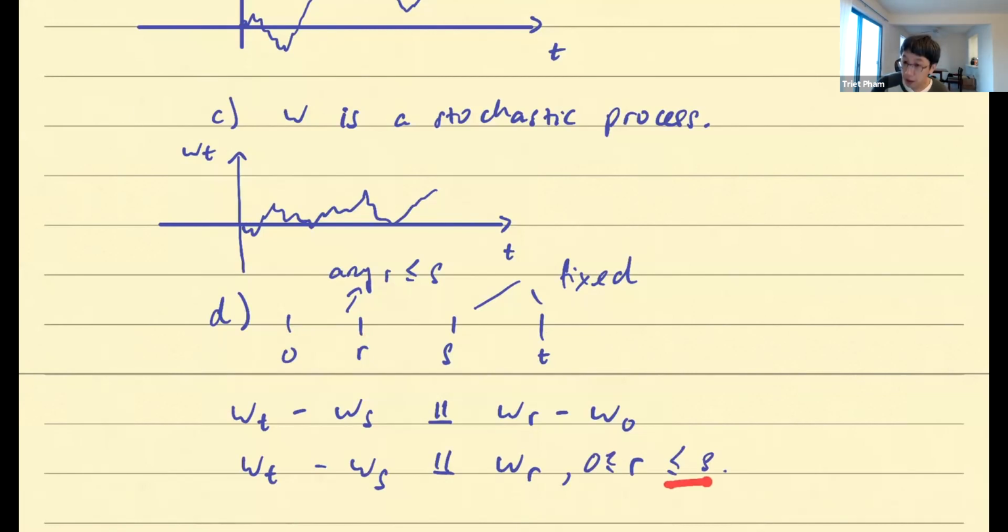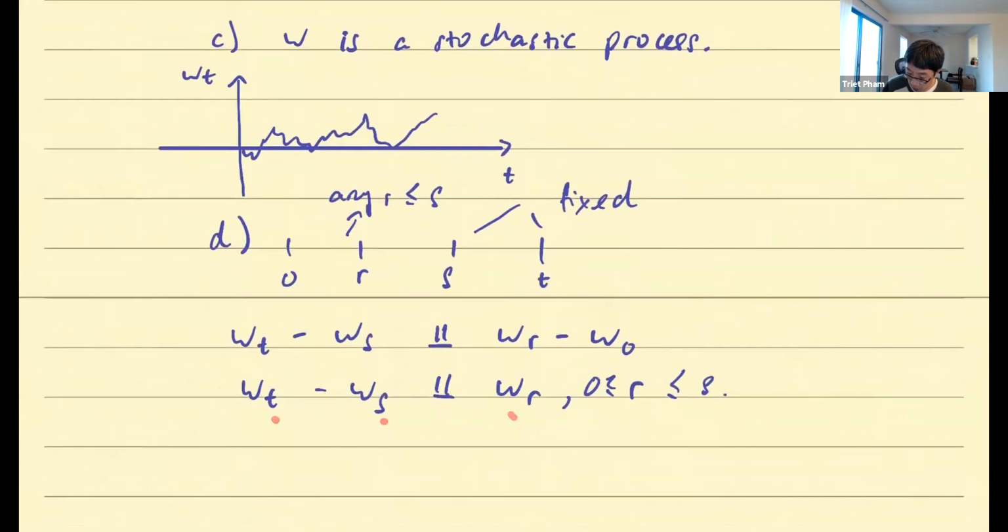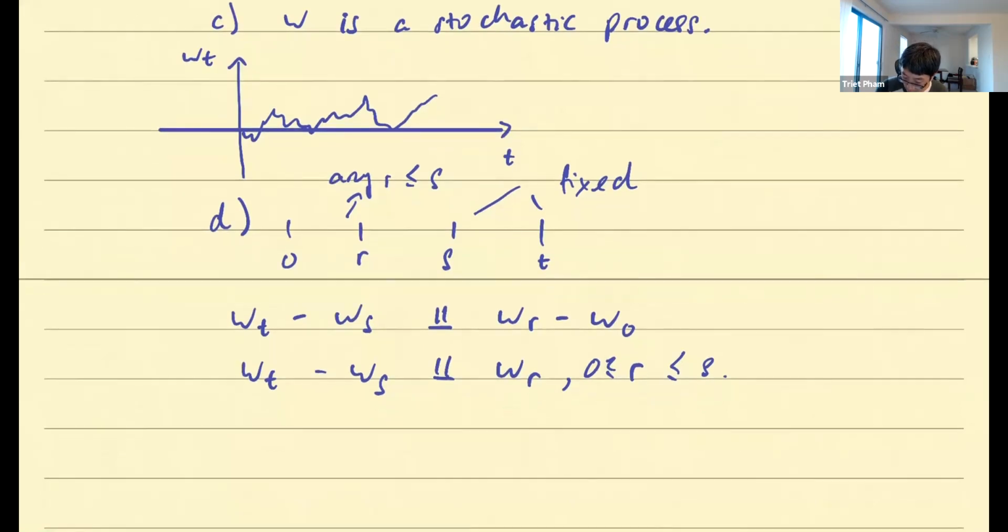Now notice that R equal to S is allowed. In other words, W_t minus W_s is independent of W_s itself. Another way to say this is the future increment is independent of all the past history up to and including the current moment. At the moment S, suppose the Brownian motion is here.